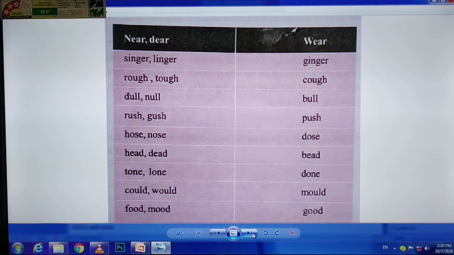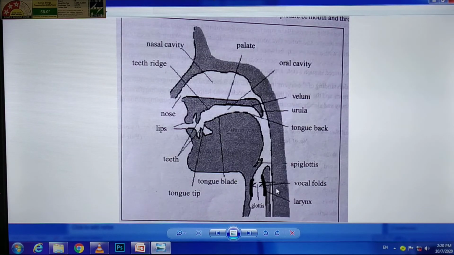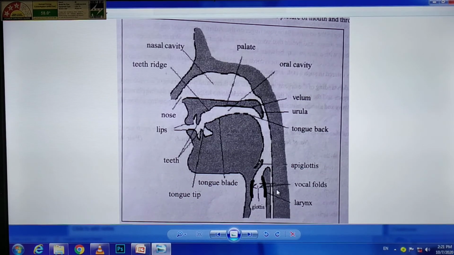And here we have the organs of speech. Some of the basics of phonetics that help to better our pronunciation. Our pronunciation is a must. By our speaking the language English, people should not be able to make out which region you belong to, which state you belong to, and so on, to which language you belong.